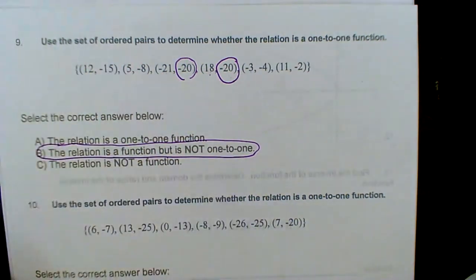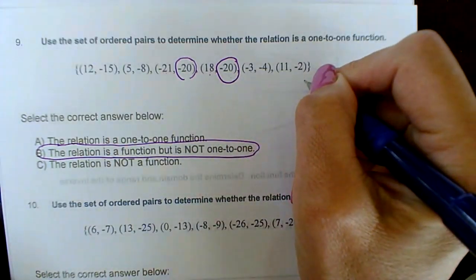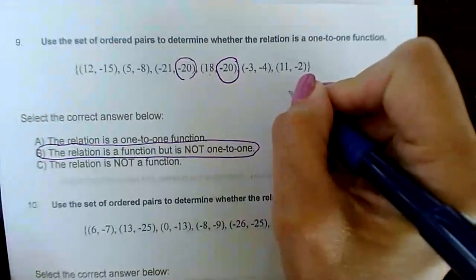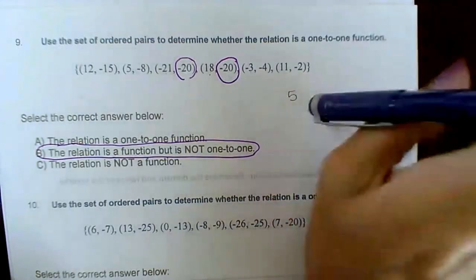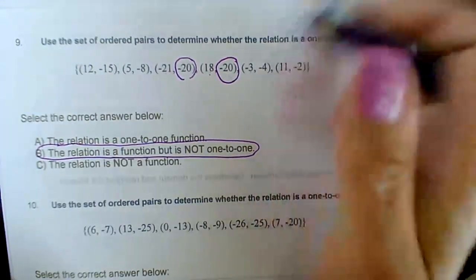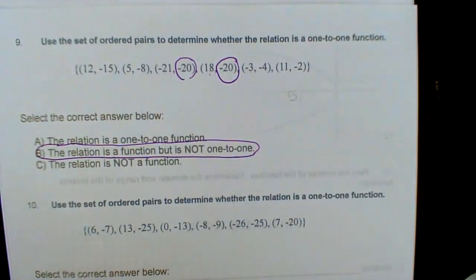We could see it this way too. Okay, we have 5. Hold on.